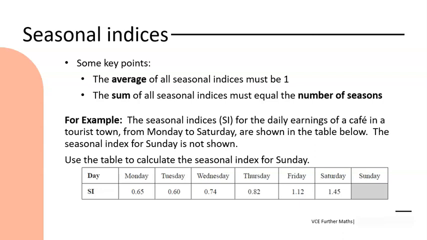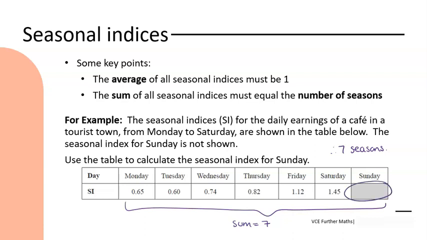Days of the week means I've got 7 seasons, so the sum of these indices, including Sunday, must equal 7. To find the missing value for Sunday, we add what we do know and subtract that from 7. When we do that, we find that Sunday has an index of 1.62, meaning definitely above average, and it's the highest value above average for the week.